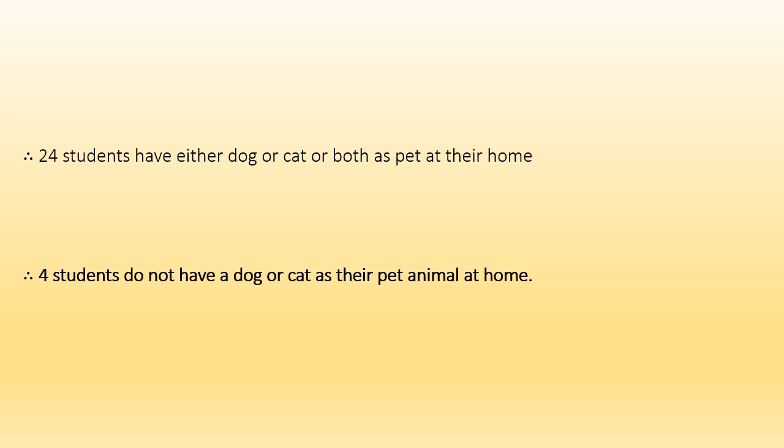These are the students who have a pet at their home. So we'll apply the formula n of D union C is equal to n of D plus n of C minus n of D intersection C.